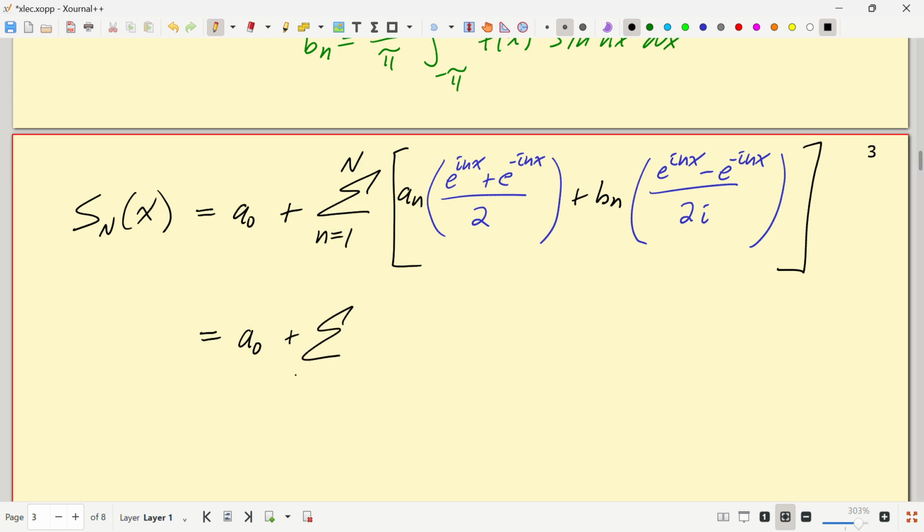I'm going to get some positive n's and some minus n's. The positive ones will be something times e to the i nx. What are those going to be? a_n over 2, and then I'll get b_n over 2i. 1 over i is minus i, so that'd be minus i b_n.